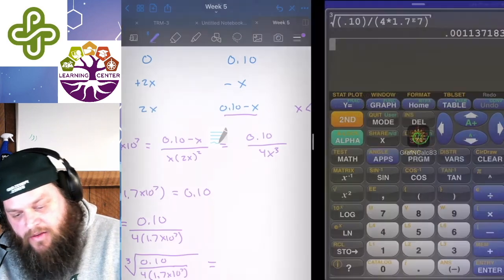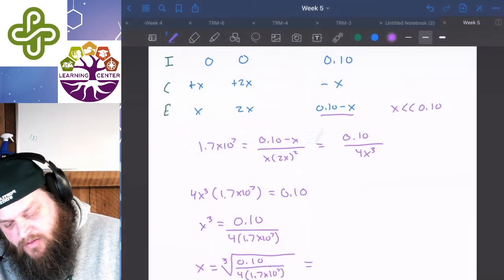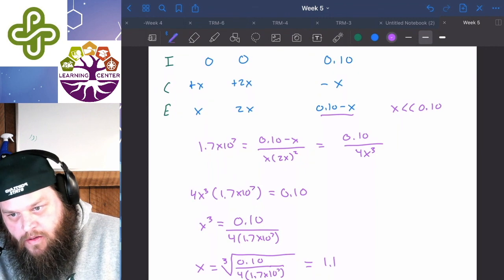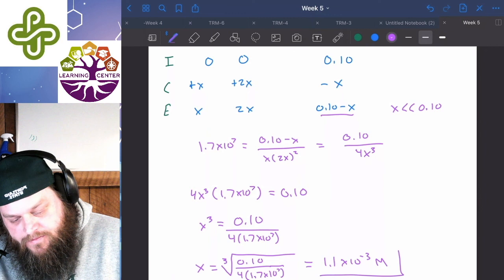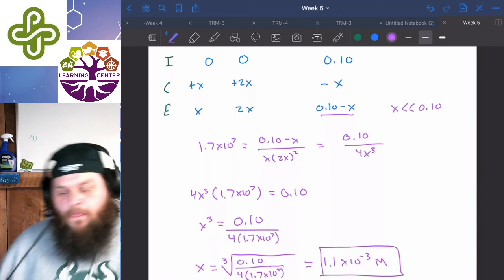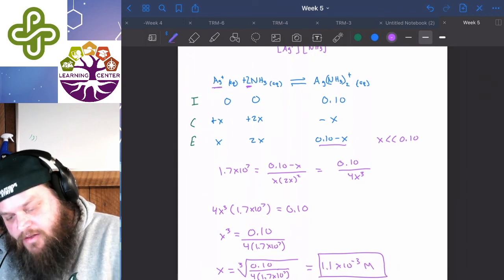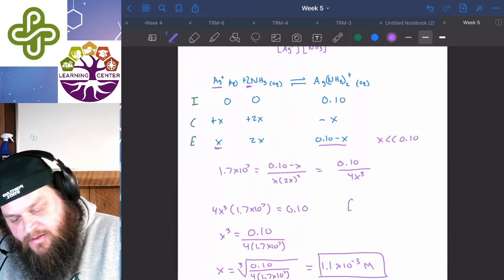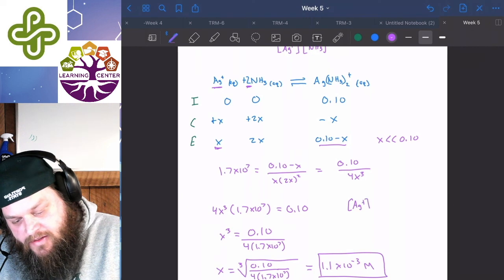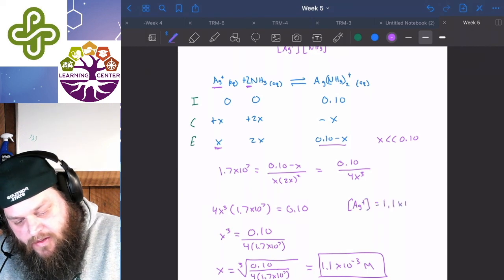So I can just round that to 1.1 times 10 to the negative 3 molar. And that is going to be then the concentration of the silver, because silver is equal to the x. So I can say concentration of Ag plus is going to equal 1.1 times 10 to the negative 3 molar.